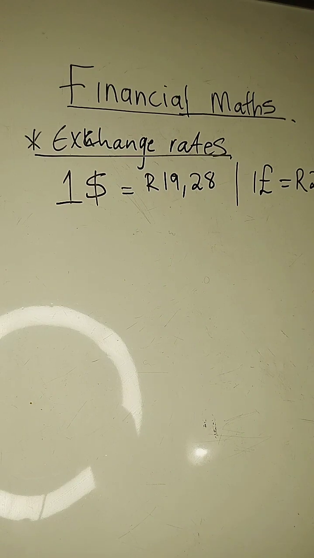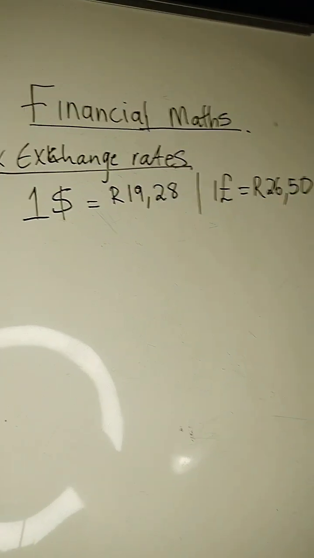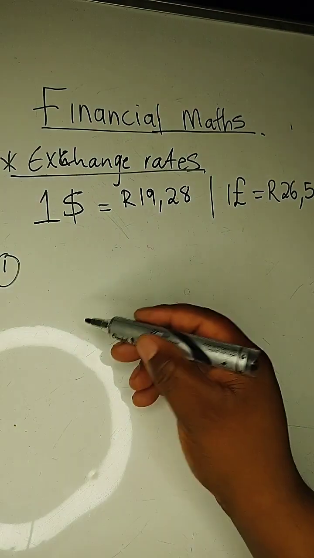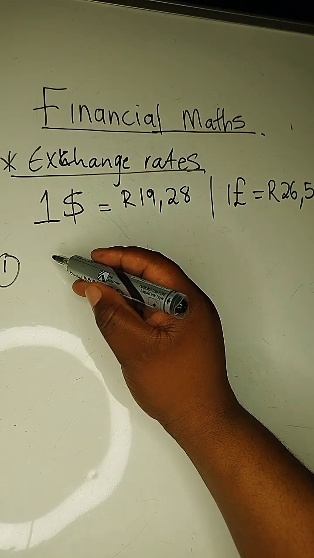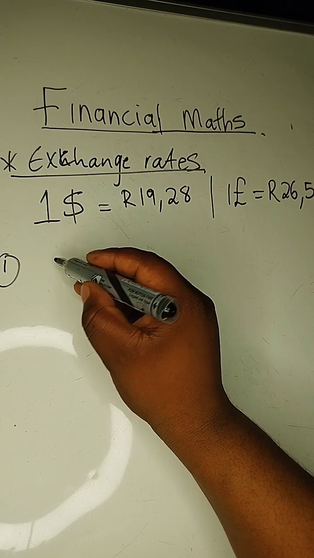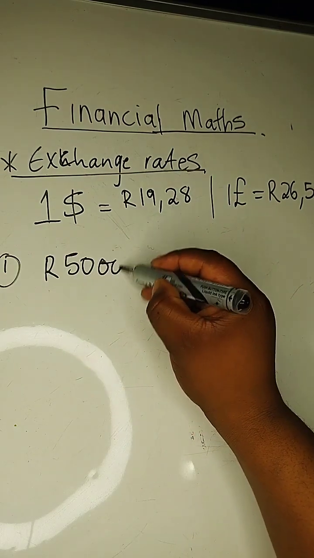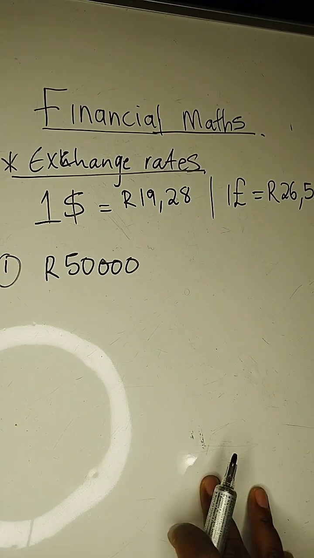Okay, that is what we are given. Since that is what we are given, number one, they said determine how many dollars you will need if you have 50,000 rand. How many dollars will you need?